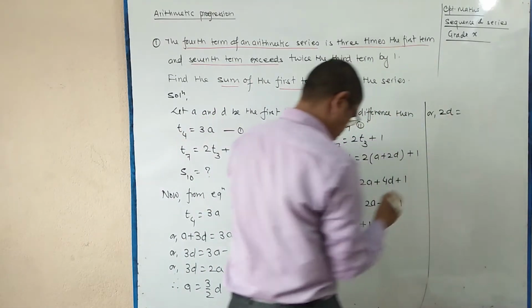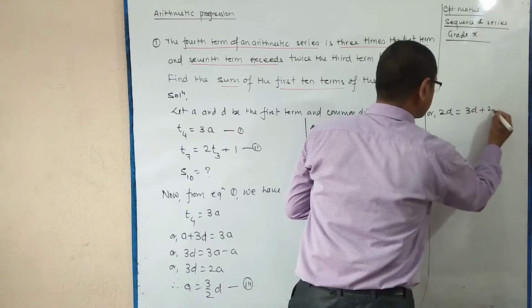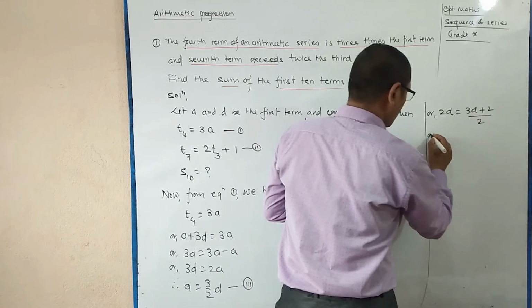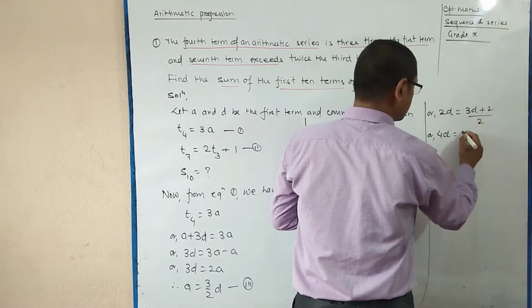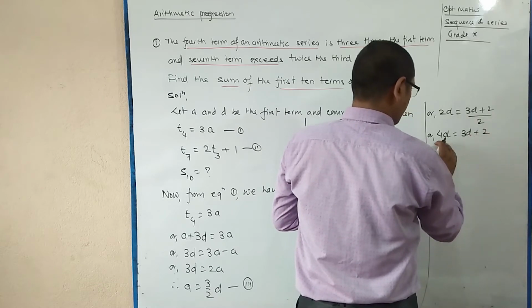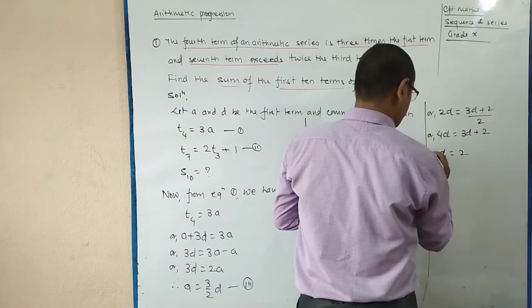Twice D equals, if you take the LCM, 3D plus 2 by 2, okay? Now cross multiply here: 4D equals 3D plus 2, or 4D minus 3D means D equals 2, in this way.